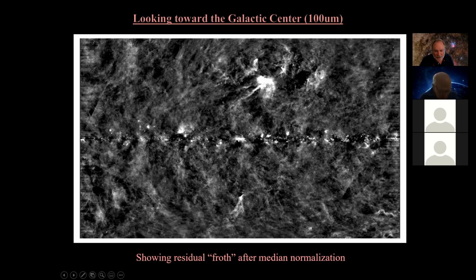There's a possible shell here. There's a possible shell here. I'm not going to argue the point. The Corona Australis seems to have curved edges, perhaps due to winds from stars in the area. We just don't know. But it's a glorious thing to behold and just begs further understanding.